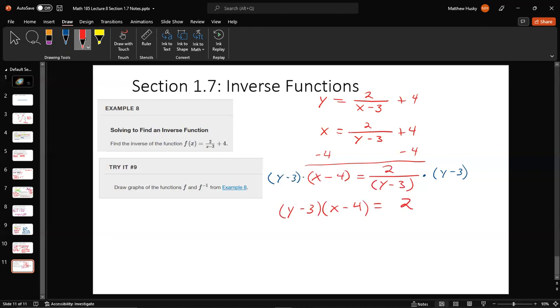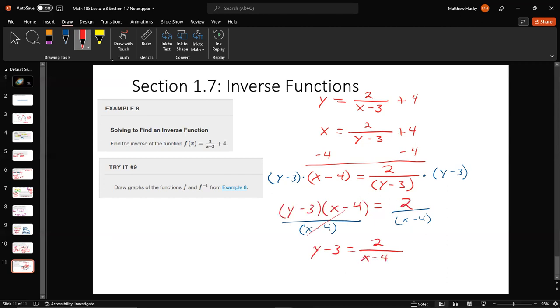Now we're multiplying this thing in parentheses, x minus 4. So the way to get rid of that is to divide by x minus 4. So basically the x part and the y part end up trading places here. y minus 3 equals 2 all over x minus 4.